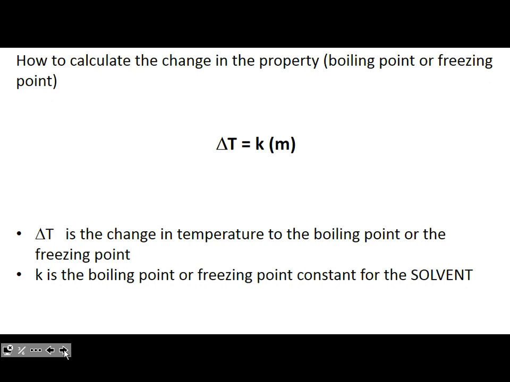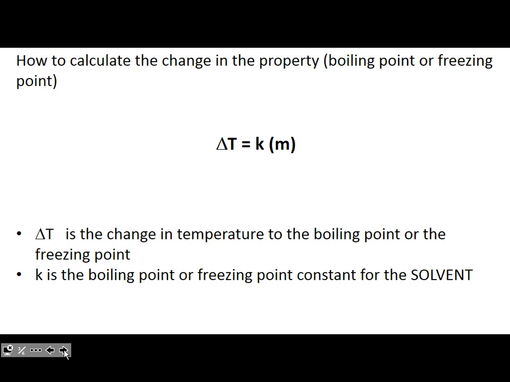In your textbook, the values for boiling point and freezing point constant are on page 494 and 495. Or, you can just ask your telephone genius, right? Ask Siri or Alexa or whoever it is that you ask the boiling point constants for certain substances. Normally it's water, so you might want to record in your notes the boiling point and freezing point constants for water.